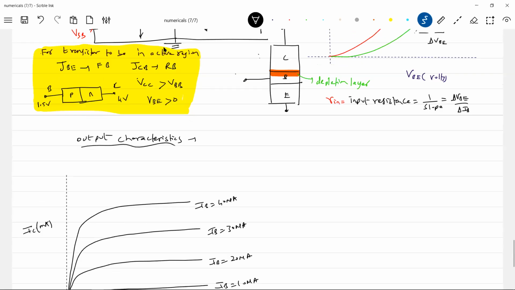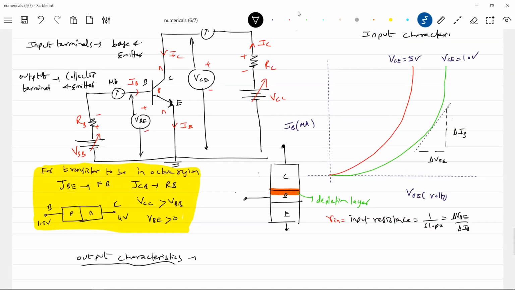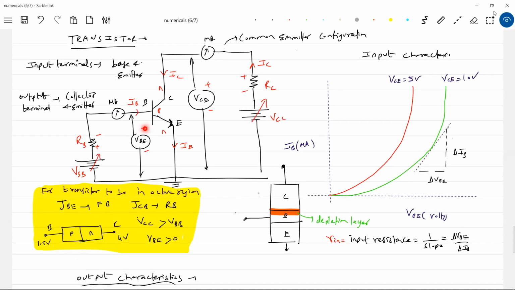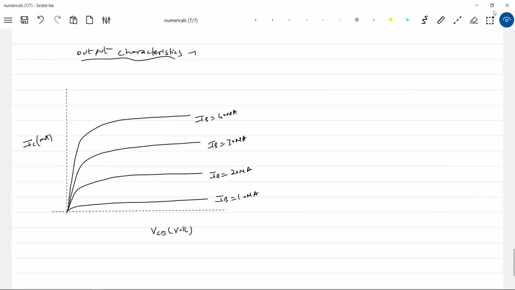So what we do is, I'll adjust the value of VBB such that 10 microampere current is flowing here. Then I'll vary this VCC in such a way that we see 1 volt, 2 volt, 3 volt, 4 volt, 5 volt, 6 volt. I'll measure the current. Therefore, the response is what we are plotting. Usually VC is not 0.1, it will be of the order of 2, 4, 10, up to 20, you can go.